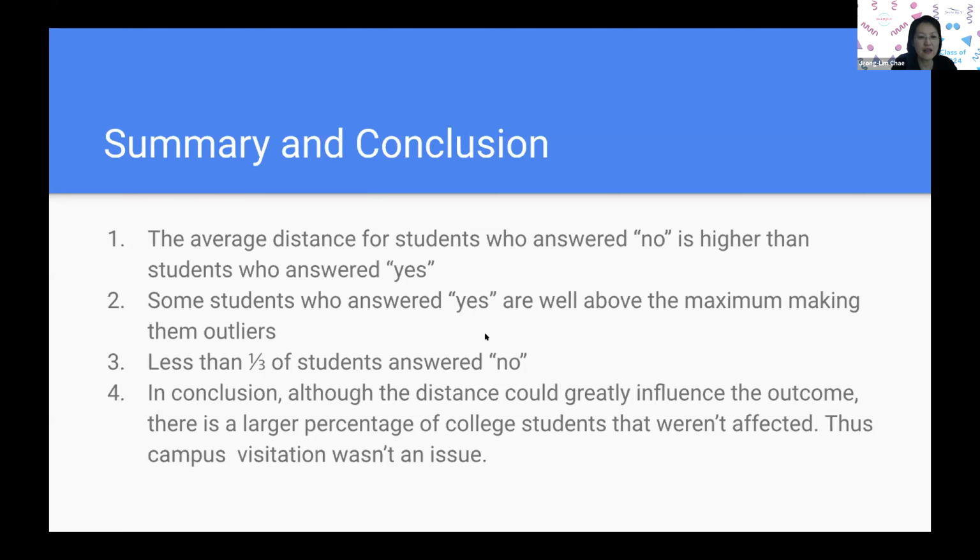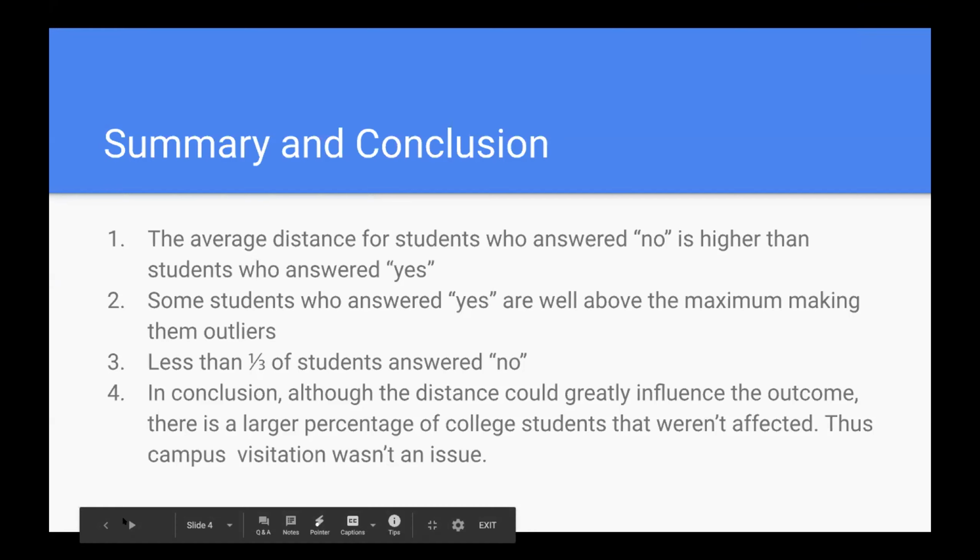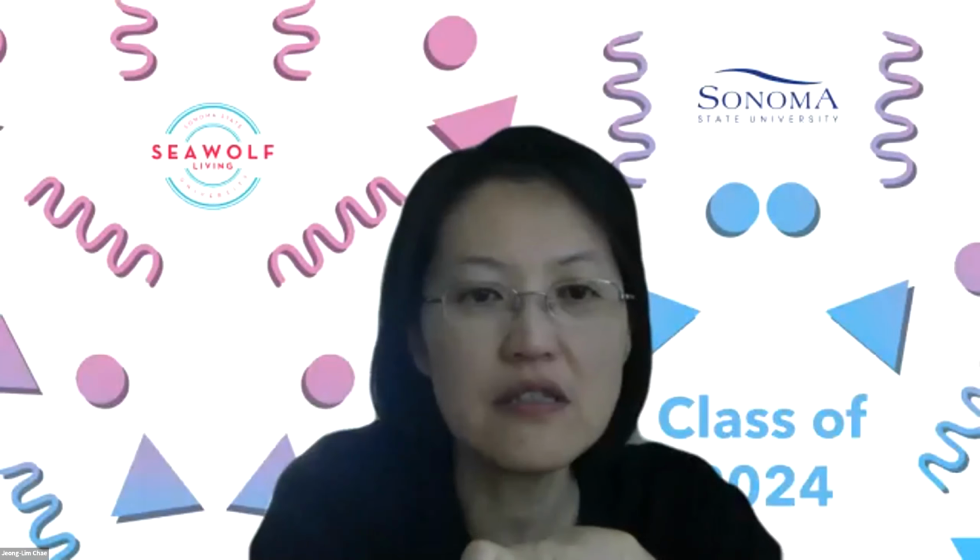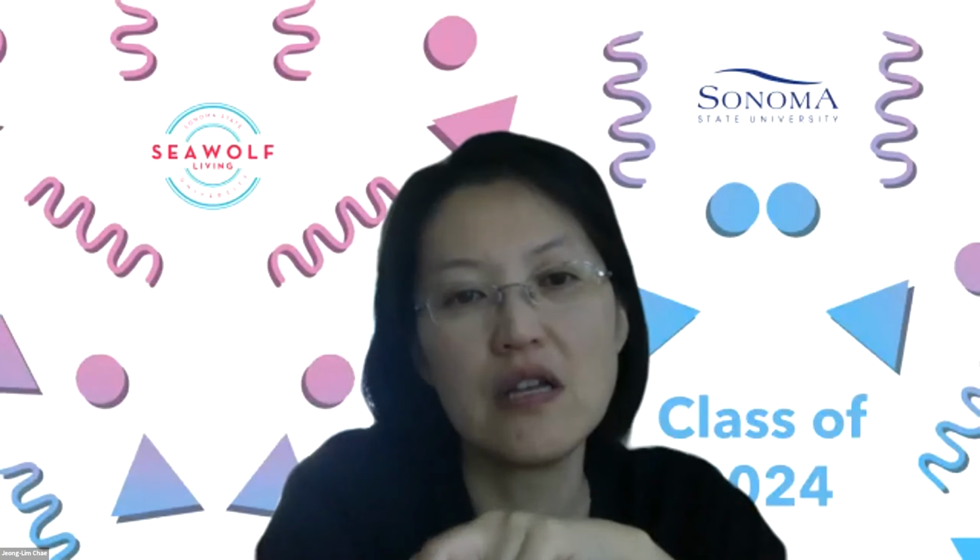Okay, so you're saying in the last conclusion that even if they are living far away, it doesn't mean that they don't visit the campus in person, right? Yeah. Okay, good. So you guys are using the distance from home like the previous group, but the second variable you chose was whether the students actually visited the SSU campus in person or not.